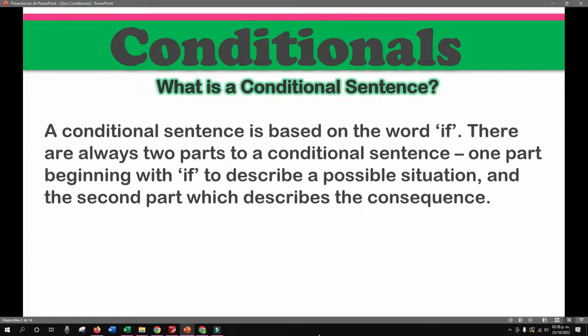If is the most frequent expression, guys, in the if clauses, but other expressions are also possible, like even if, provided that, unless, etc. You can find many words that you can use with conditionals. But in this case, we're going to study only if, ok?